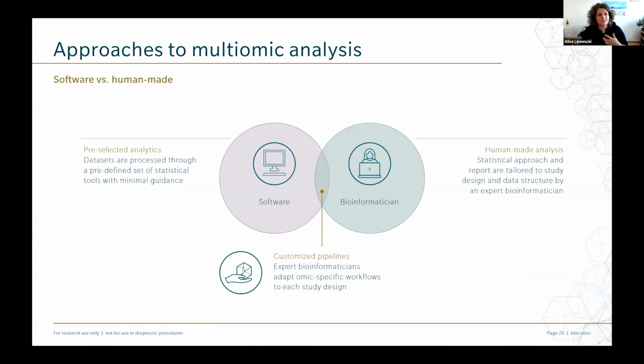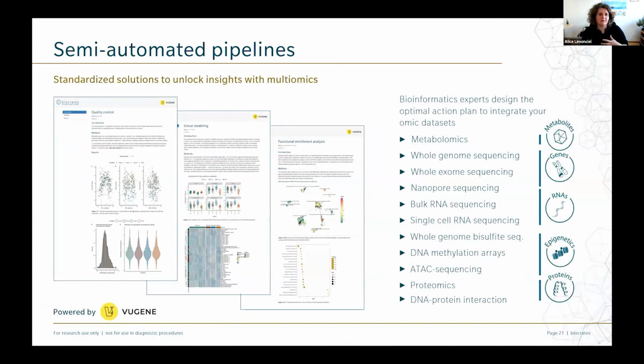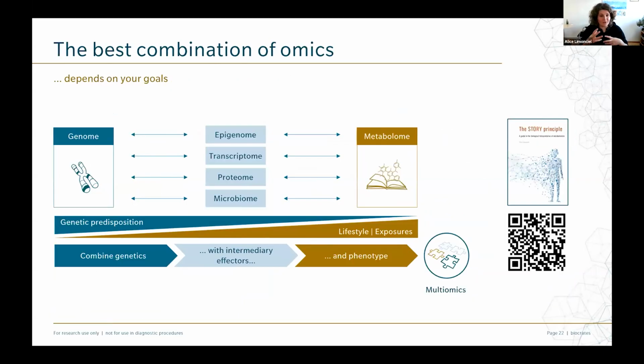So what we provide together with our partners at Eugene is a semi-automated pipeline that processes omics together. And we will hear a talk by the chief scientific officer from Eugene later in the webinar, and I encourage you to listen to her take on how to do this in the most efficient way.